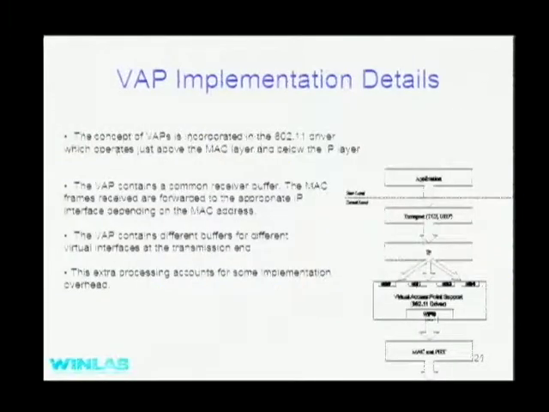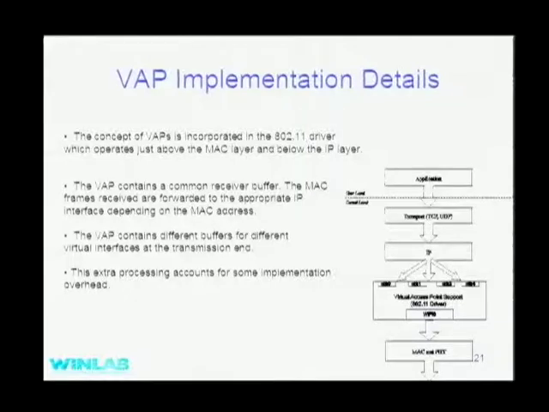So before moving on to the benefits of VAP for virtualization, this figure shows how the VAP implementation was done in the MAD Wi-Fi driver. So the VAP functionality operates between the IP and the MAC layer, and it sets up virtual interfaces. Right now MAD Wi-Fi supports a maximum of 4 virtual interfaces, and on the transmission side we have 4 different buffers, and it operates in a round robin fashion, so it's fair.